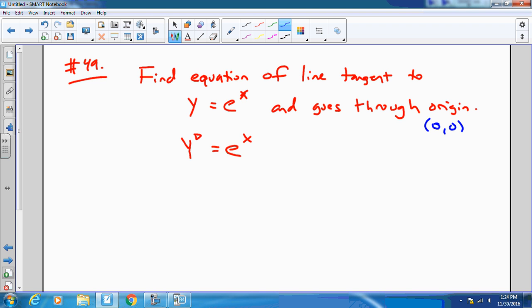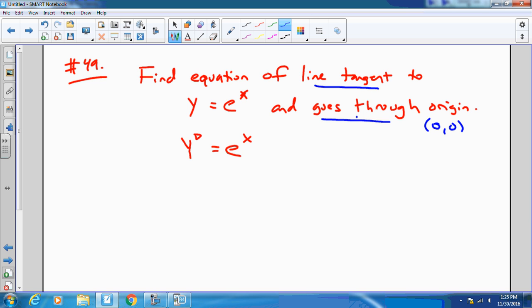The graph of y equals e to the x doesn't go through the origin. So it's not that the graph goes through the origin, it's that the tangent line goes through the origin.